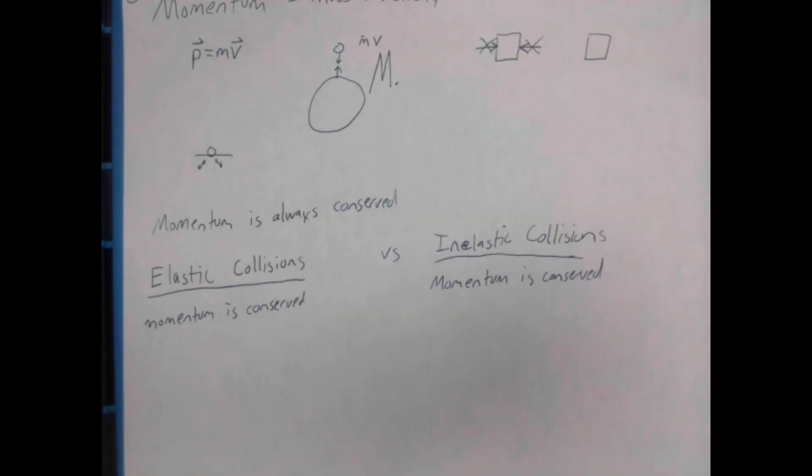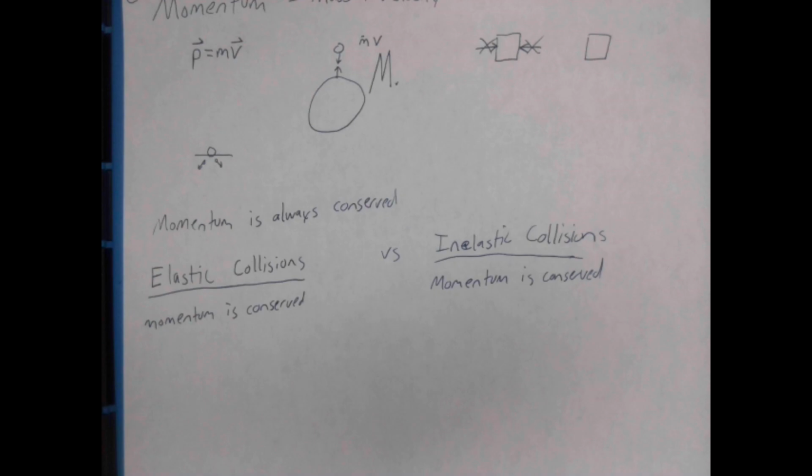There is only one truly elastic collision, and that is between atoms. But in this world, we assume no friction, no air, and a perfect vacuum. We'll assume that we can have elastic collisions.